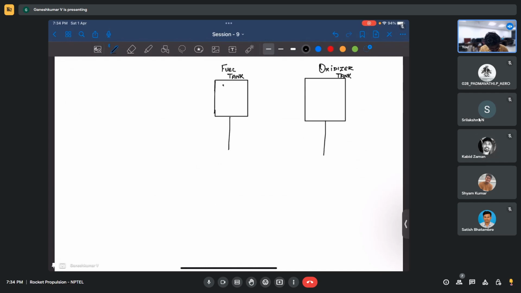Pumps. We need to pressurize the fuel and oxidizer, so we need pumps. Similarly here also we need pumps.